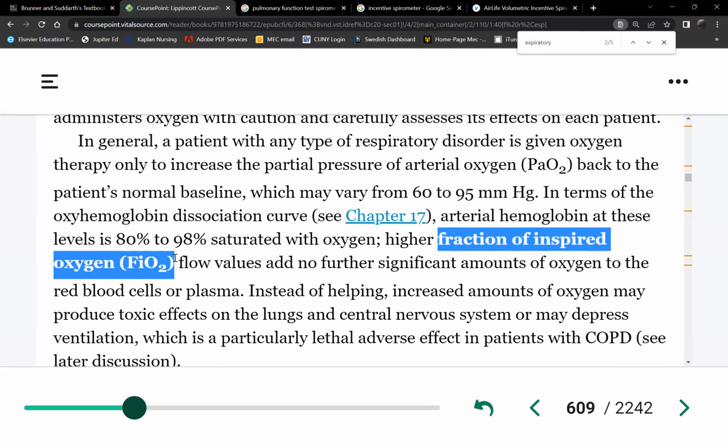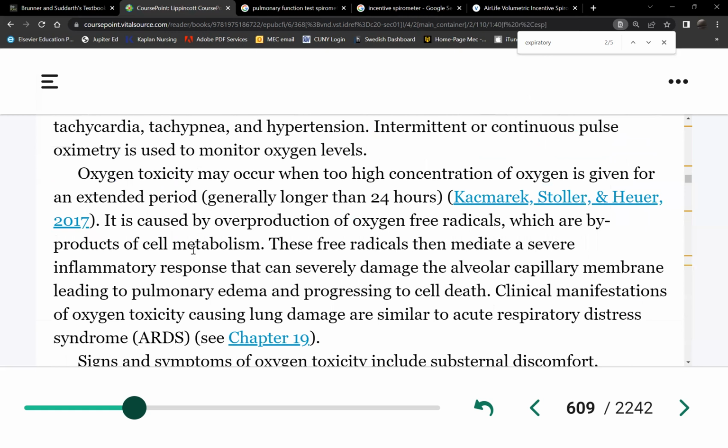The oxygen concentration that you are breathing. Right now, what are we breathing? 21%. All of us are 21%. So if I put you on oxygen, are you still breathing 21%? No, I'm giving you higher FiO2. You understand what is FiO2? Okay. Now go back here.